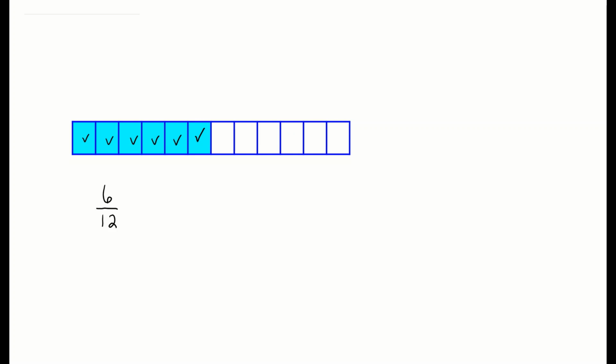The unit size is 1/12, right? 1/12, 2/12, 3/12, etc. But if I'm going to want fewer parts to equal the same amount of space, that's probably going to mean that the size of the unit is going to be bigger than 1/12, right? Let's explore. Let's try it numerically.